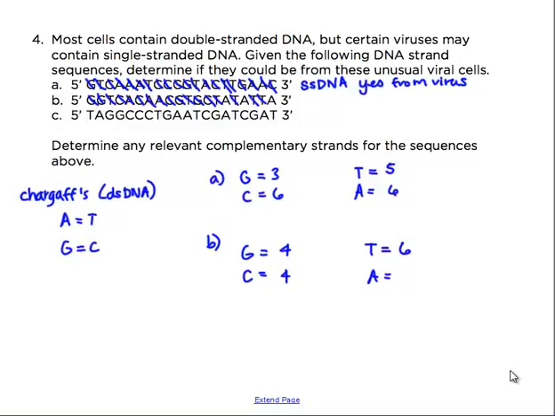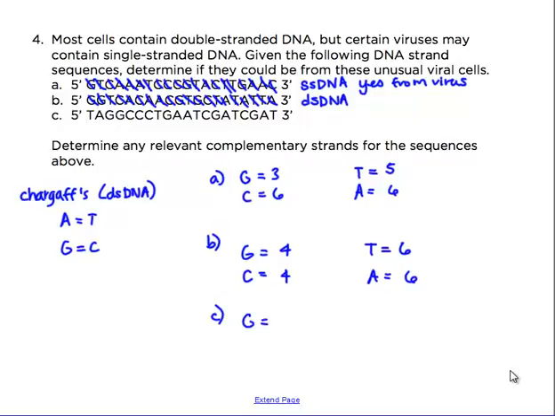And 1, 2, 3, 4, 5, 6 A's. Okay, so in this case, we're seeing that the number of C's does equal the number of G's, and the number of A's equals the number of T's. So it's obeying Chargaff's rule, which is going to make us guess that these are double-stranded DNA strands. So it's not from these unusual virus cells.